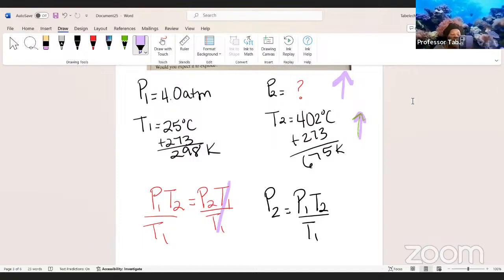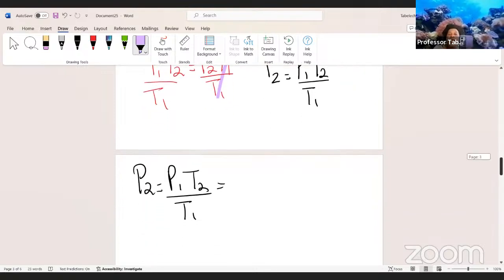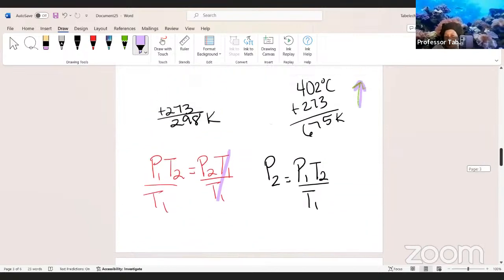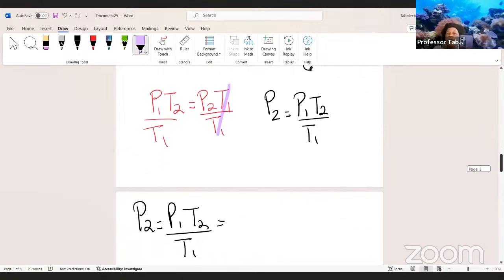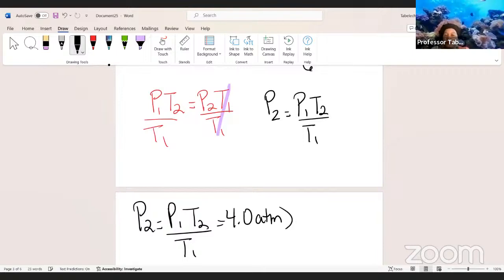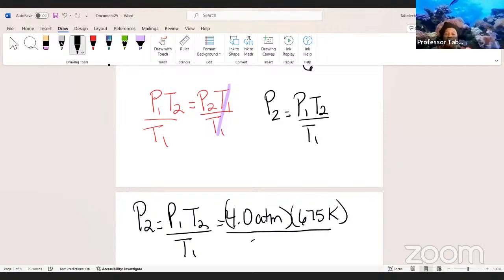Now I'm going to plug in P1, which again was 4.0 atm, times T2, the second temperature reading, 675 Kelvin, over the first temperature reading, 298 Kelvin.